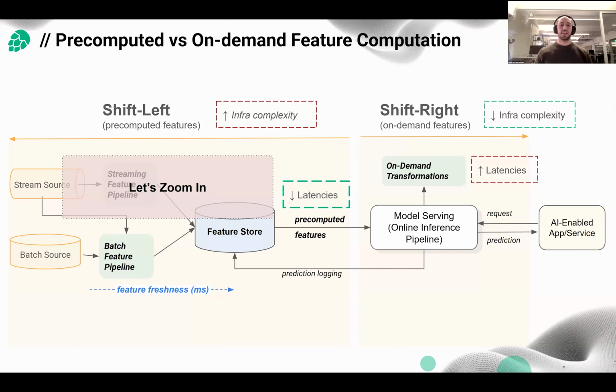So in this case, we will focus a little more on the streaming feature pipelines, and we will see how different types of feature computations using different windowing techniques, especially rolling aggregations, can have an impact on lower feature freshness.